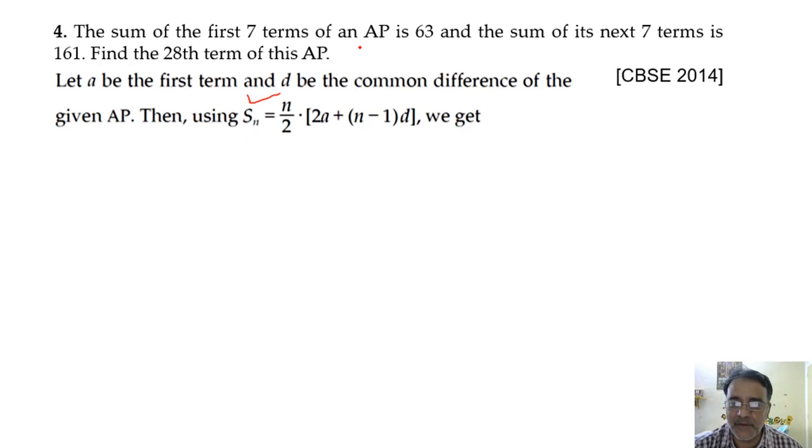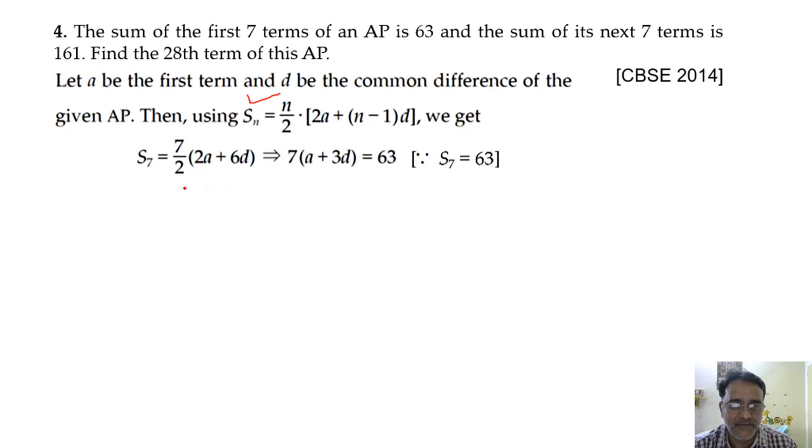Using this formula we will find an equation from S7 equal to 63. S7 will be 7 by 2 into (2a plus 6d). Dividing both sides by 2, we get a plus 3d. Again, dividing 63 by 7, we get 9. So we get a plus 3d is equal to 9. Let it be equation number 1.